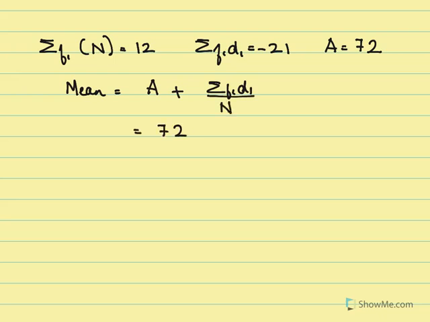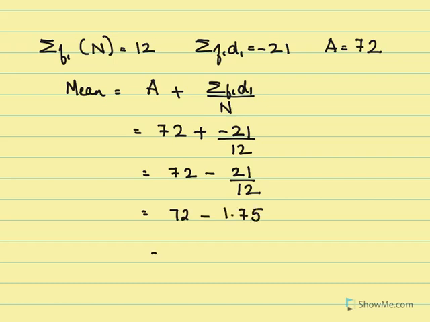So the A was 72, summation fi di was minus 21, and your n was 12. So this is 72 minus 21 over 12, so this is 72 minus 1.75, and here it is 70.25 kg. That will be your mean.